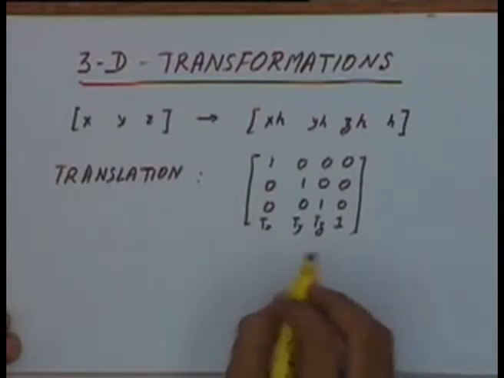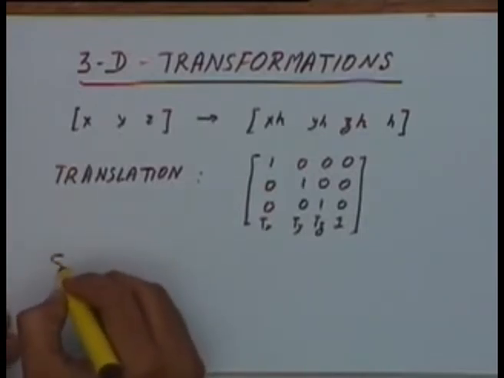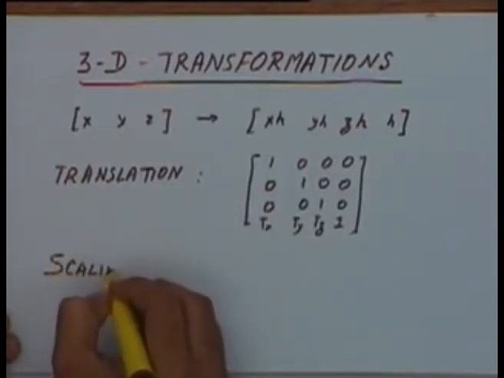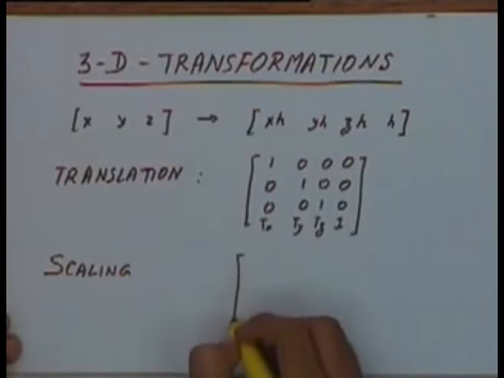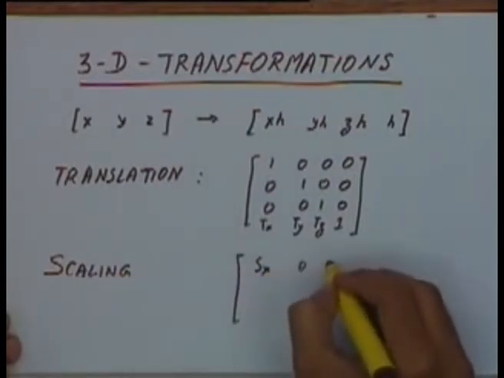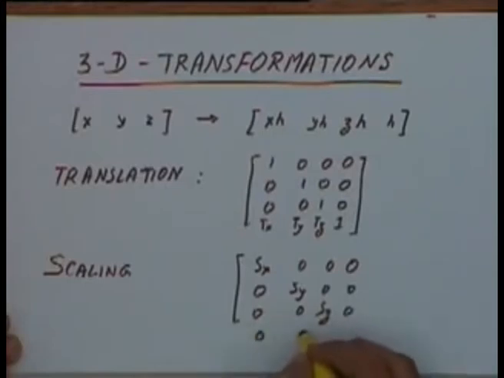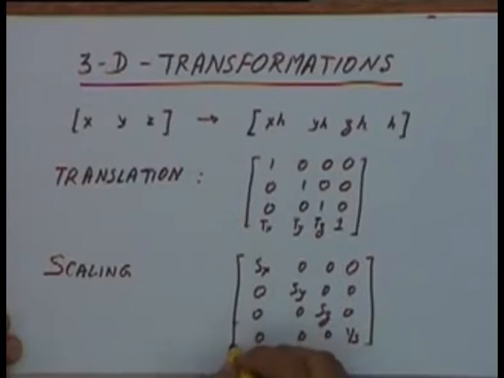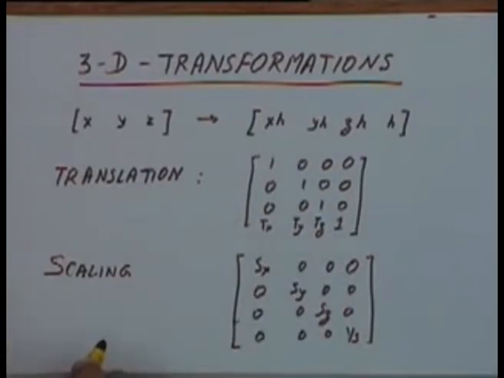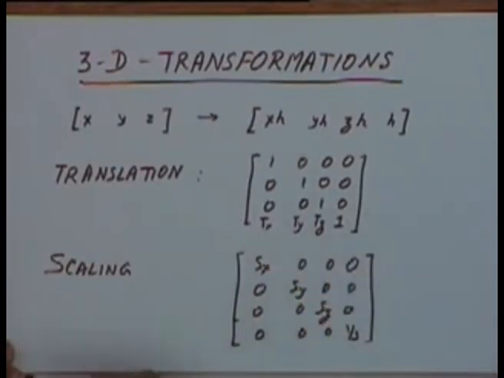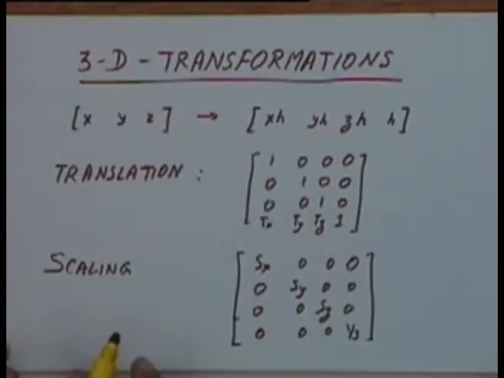Scaling. For scaling we will get sx, 0, 0, 0. 1 by s is for uniform scaling, sx, sy and sz are for non-uniform scaling.